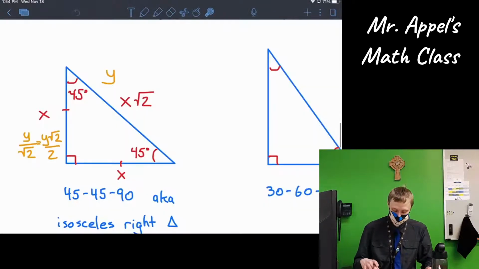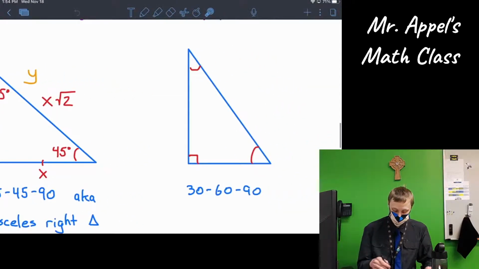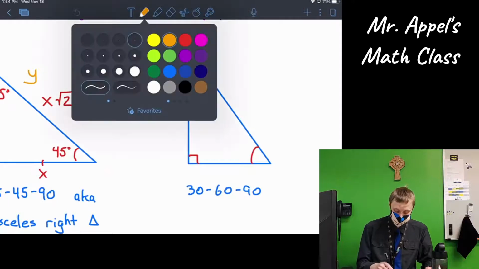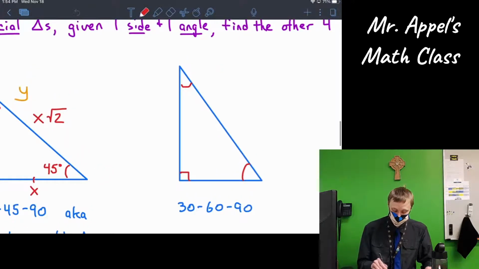So let me fill that in on my notes here. If we know this has to be a 30, 60, 90 triangle, I already know where the right angle goes. The smallest angle gets 30 degrees. The slightly larger looking one gets 60 degrees. My smallest side is across from the 30. Call that x. My largest side is the hypotenuse. That's double x.